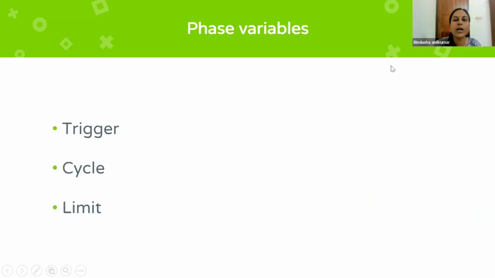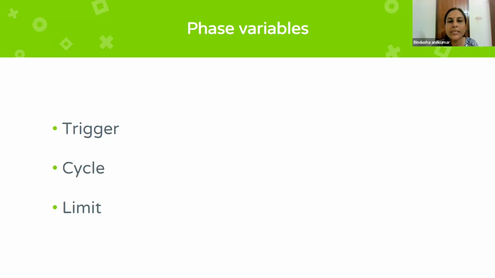So, in order to know that, we need to know about some variables which are known as phase variables. These phase variables will determine how much to give and how long to give. There are three phase variables. The first one is the trigger variable, the second one is the cycle variable, and the third one is the limit variable.